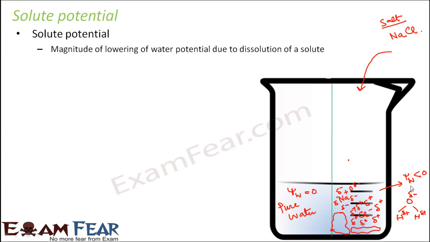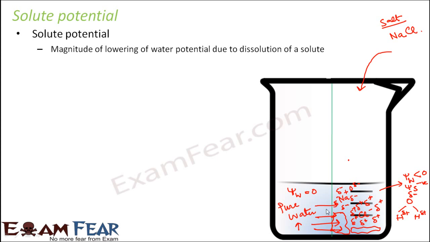So this negative water potential is known as solute potential. That is, when we add a solute to water, the potential is reduced, and this reduced negative potential is called solute potential. Now the water potential is more here and less here, so osmosis will take place in this direction, and water will start flowing in this direction.